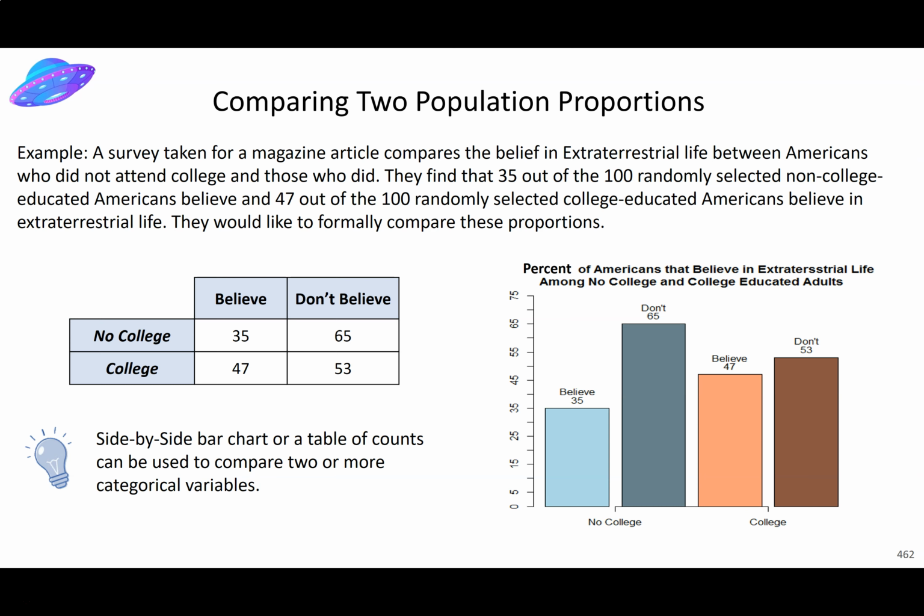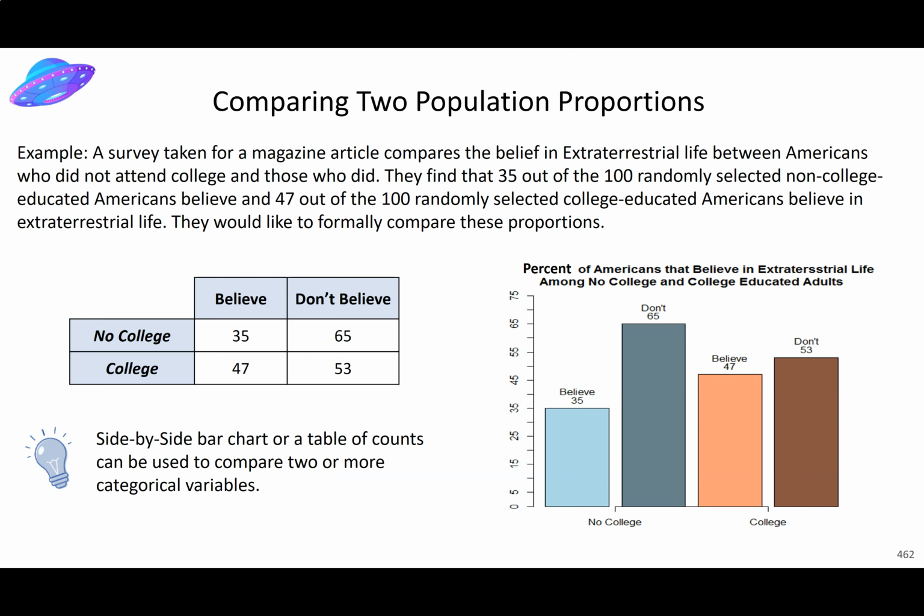So the example we're going to use for our two sample proportion problems is a survey from a magazine article. They were really interested in Americans that believed in extraterrestrial life, so life outside of Earth.